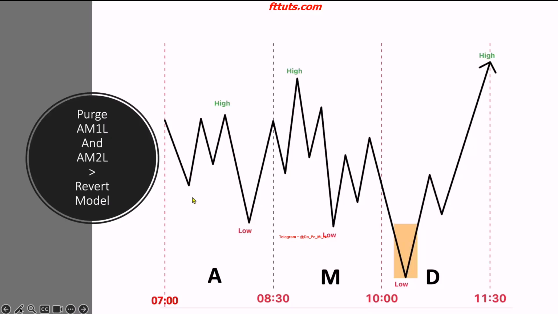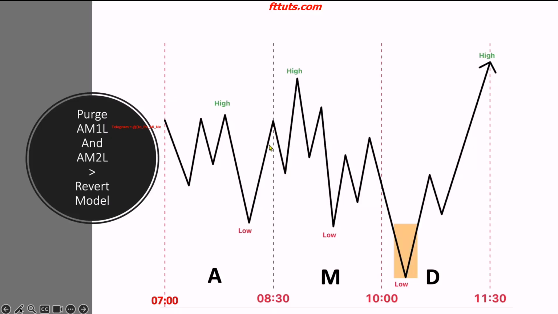So let us now take a look at the final delivery cycle scenario for the AM session. This is a purge of both the AM first cycle's low and the second AM cycle's low. This occurs when during the first AM cycle the market has been trading inside of a range, then towards the end reprices lower, forming a low, but immediately reprices higher back into the range.